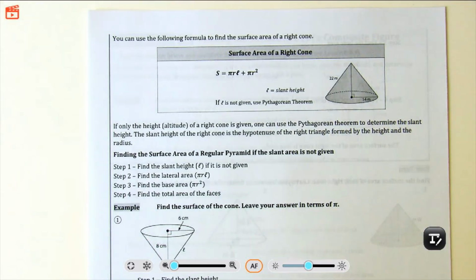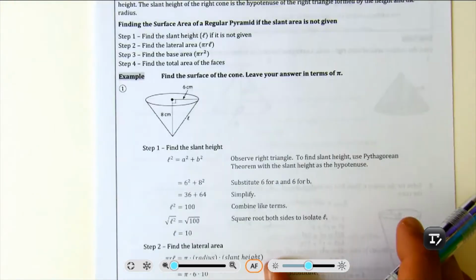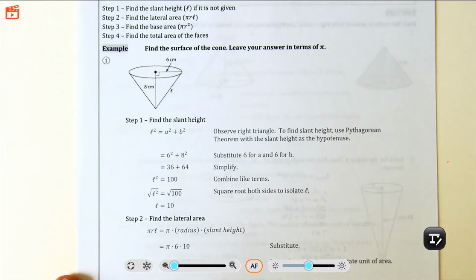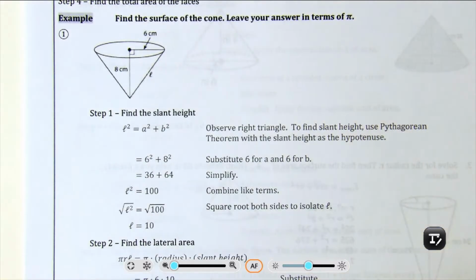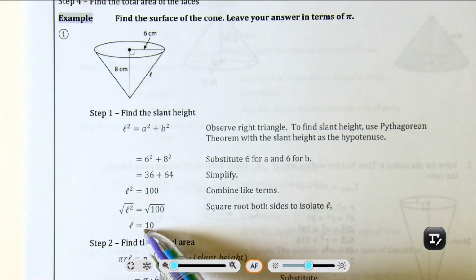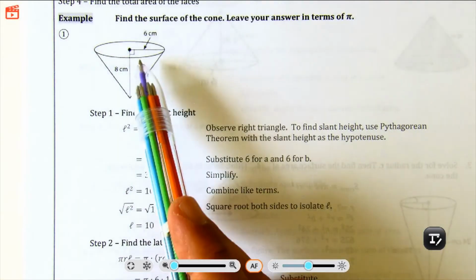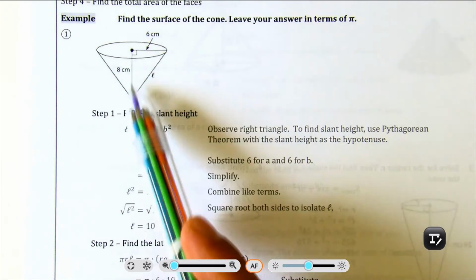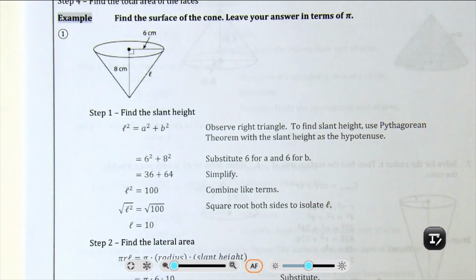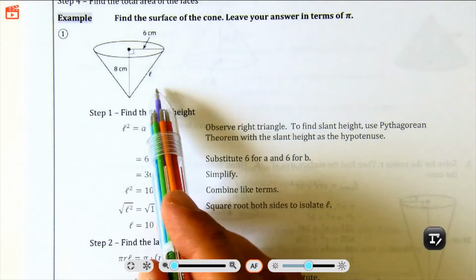So going straight into the first example, we should have experience finding the slant height using the Pythagorean theorem. So I'm not really going to go into much detail of how they got 10, but just know that they squared these sides and solved for the slant height. This is a right triangle, so they used the Pythagorean theorem. After you find the slant height, you find the radius. The radius is 6. And then you plug it into the formula.